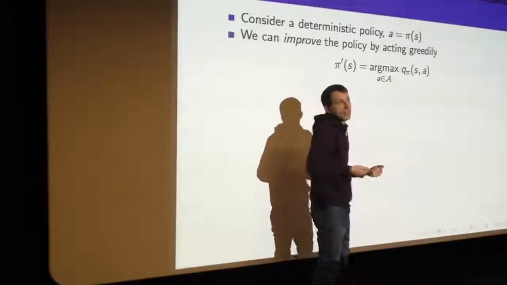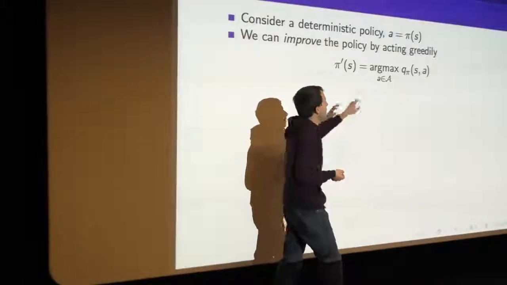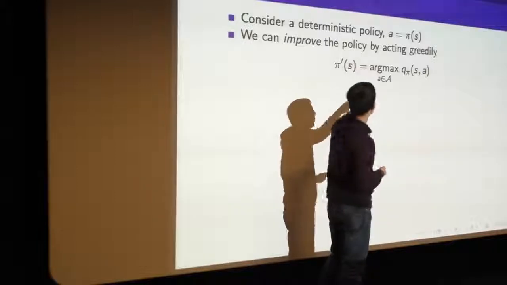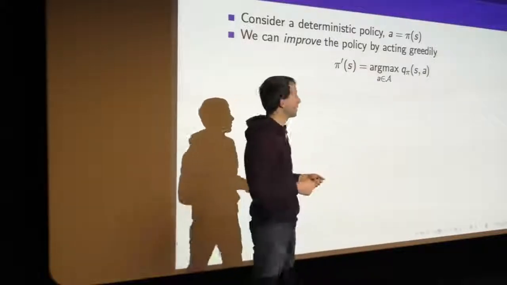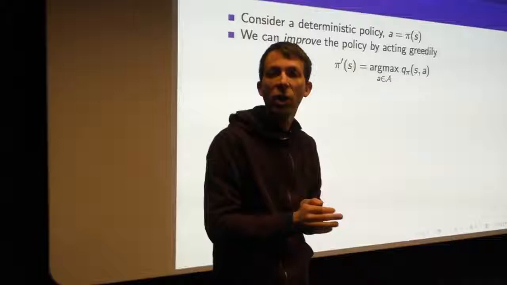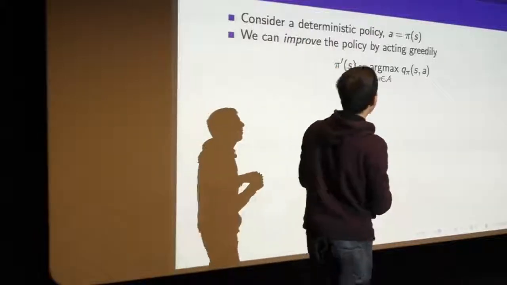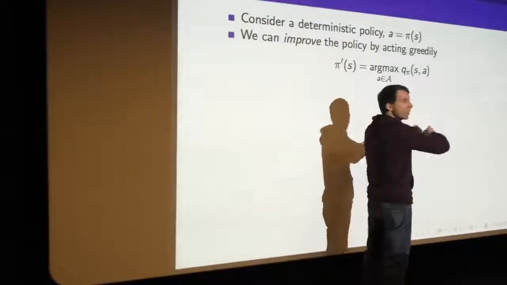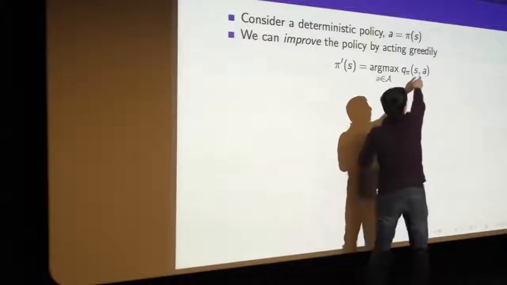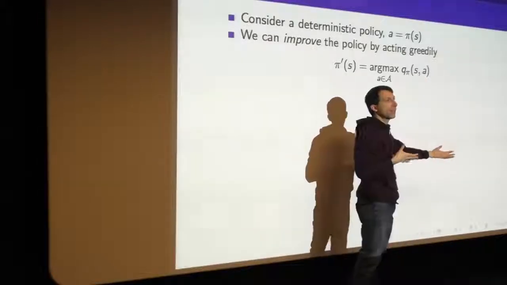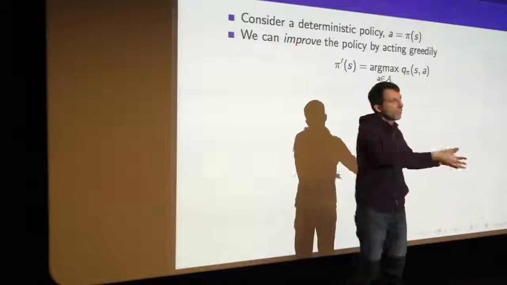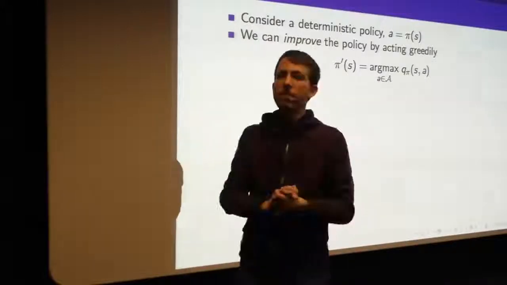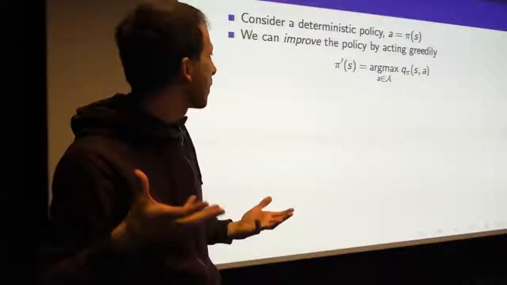So we want to pick the action that gives us the maximum action value, the most Q. That's what this argmax means. It just returns the action that maximizes this quantity. And Q, remember, is just the immediate reward when you take action A plus the state value of where you end up. So that's what it means to act greedily.